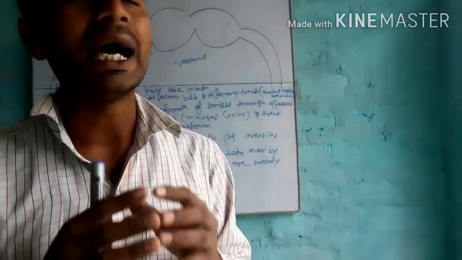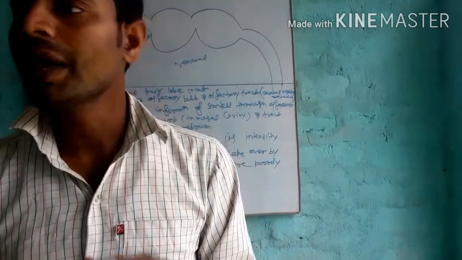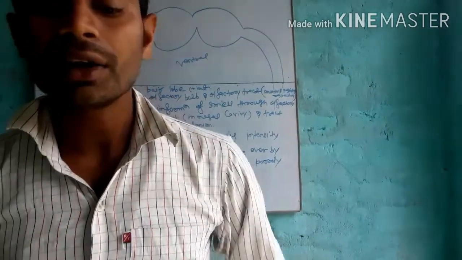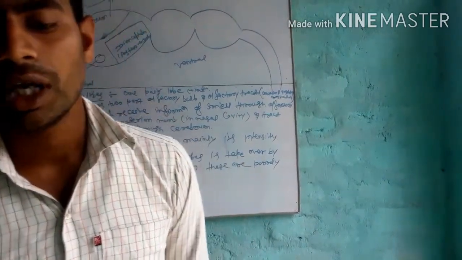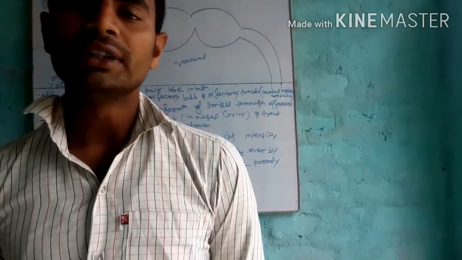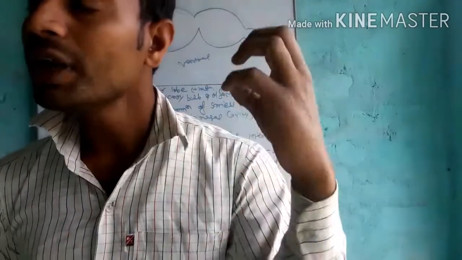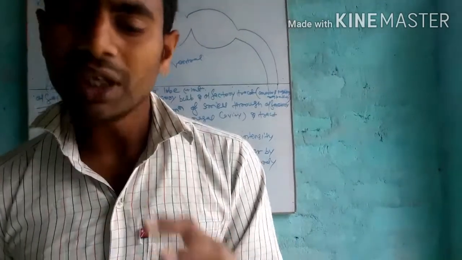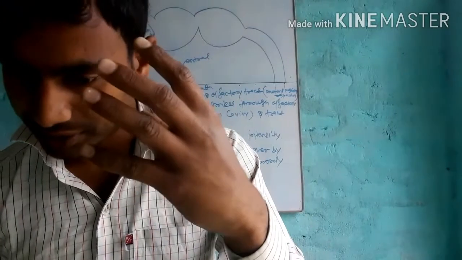These regions are called the association areas, which are responsible for complex functions like intersensory association, memory, and communication. Memory is also called experience, because memory is based on experience.